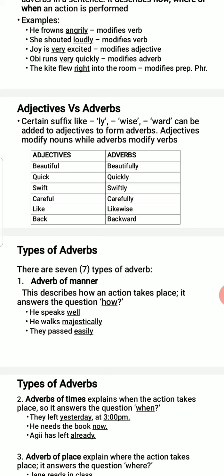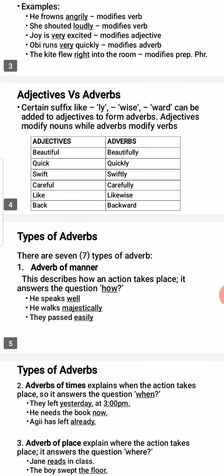And from them you can form adverbs. You can do that by simply adding suffixes like ly, or wise, w-i-s-e, or ward, w-a-r-d. You can see the examples there, how I did them.